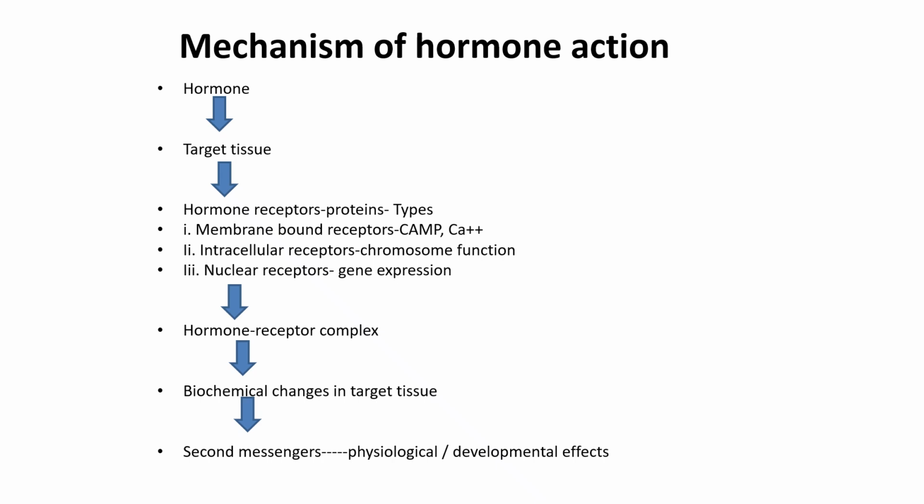Then intracellular receptors, they perform chromosome function. Nuclear receptors, they perform the function of gene expression. Then a hormone receptor complex is formed and it gives biochemical changes in the target tissue. So it releases second messengers like cAMP or calcium, and then physiological or developmental effects are seen.